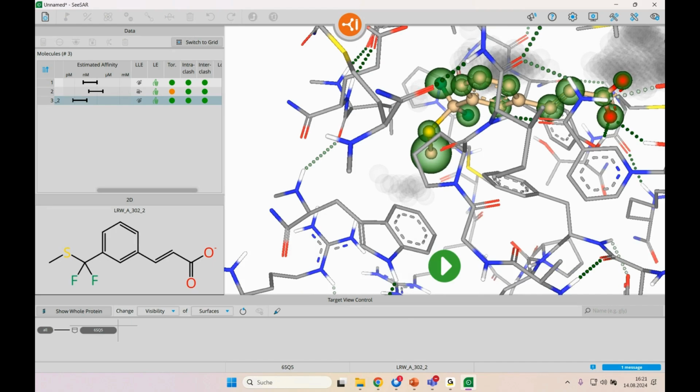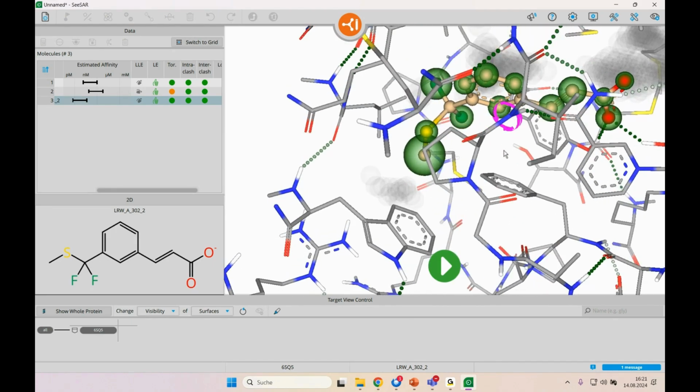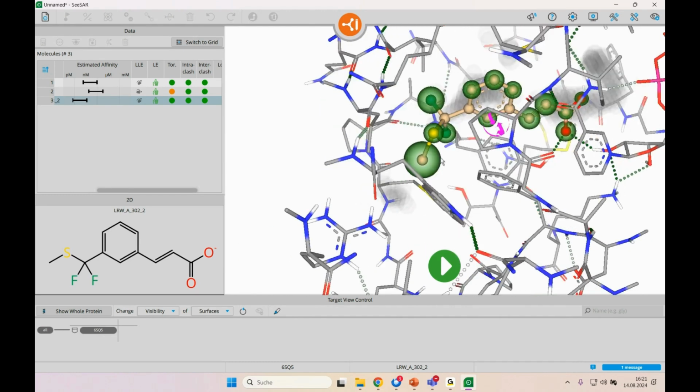So this is ideally what a normal chemist would do. And probably we can use some of these as starting points to explore the pocket a bit further.